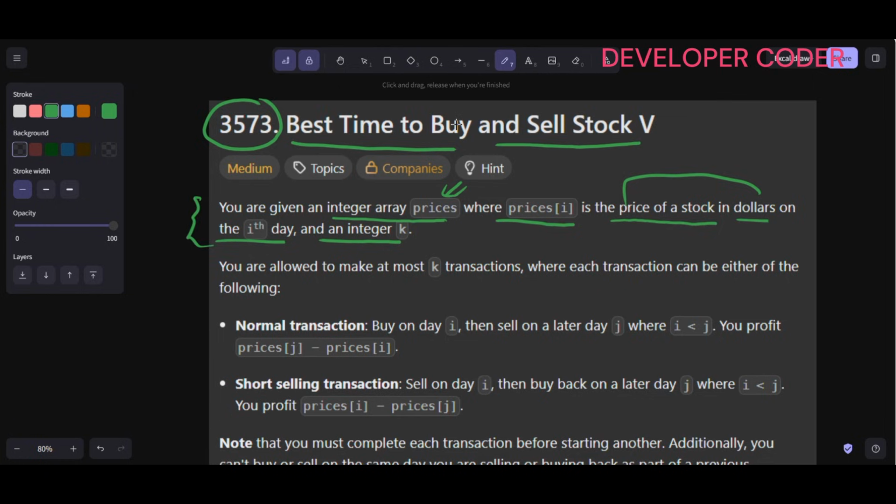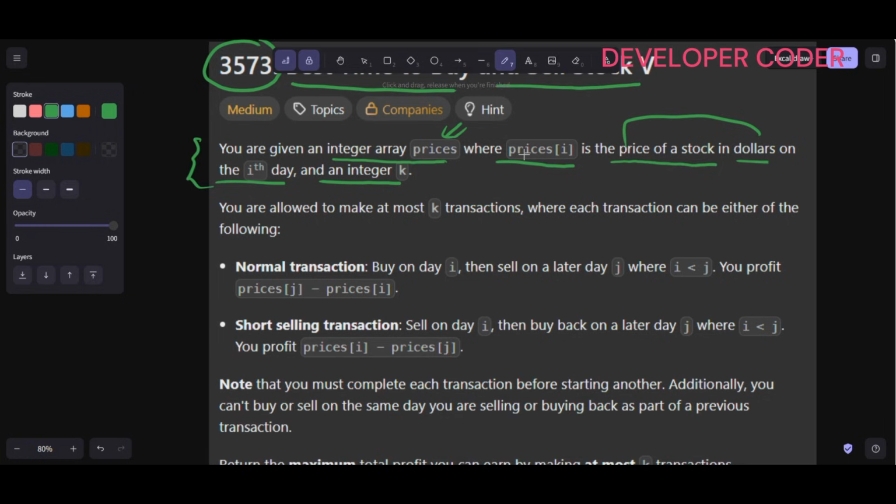So this is the input. Now you are allowed to make at most k transactions where each transaction can be either of the following. First is the normal transaction. In a normal transaction, you buy any stock on day i and then sell on a later day j, where i is less than j.